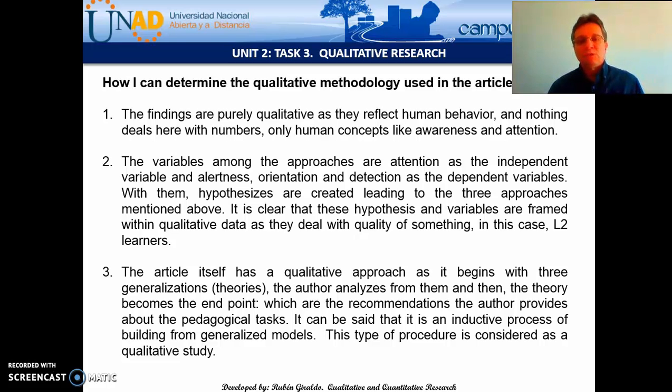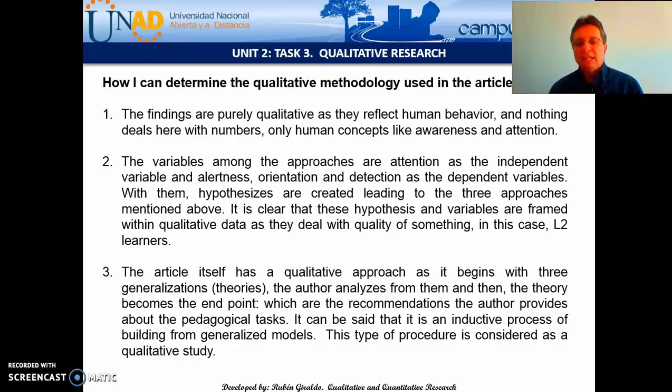Okay, so just to summarize how I can determine the qualitative methodology is used in the article. One, the findings are purely qualitative as they reflect human behavior, and nothing deals here with numbers, only human concepts like awareness and attention. Two, the variables among the approaches are attention as the independent variable and alertness, orientation and detection as the dependent variables. With them, hypotheses are created leading to three approaches mentioned above.